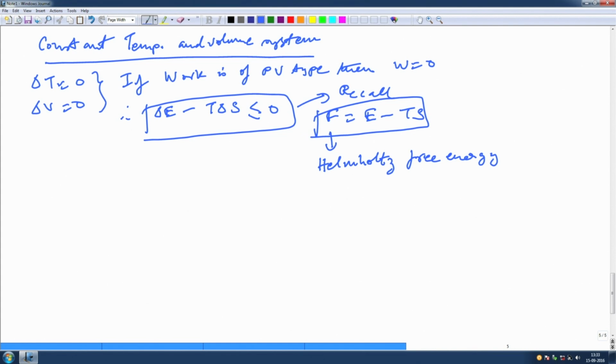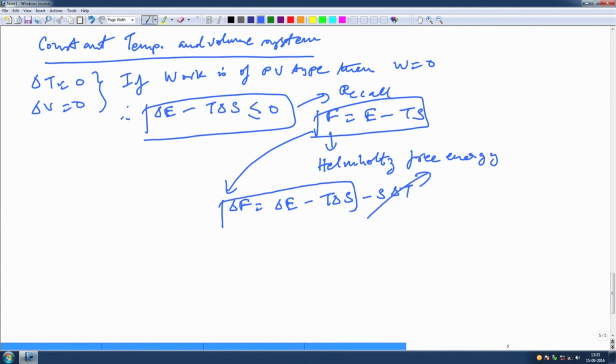Okay. So, if I just basically see the change in Helmholtz free energy, that is basically given by delta E minus T delta S minus S delta T. Now, for this particular process, this is of course equal to 0, because it is a constant temperature system.